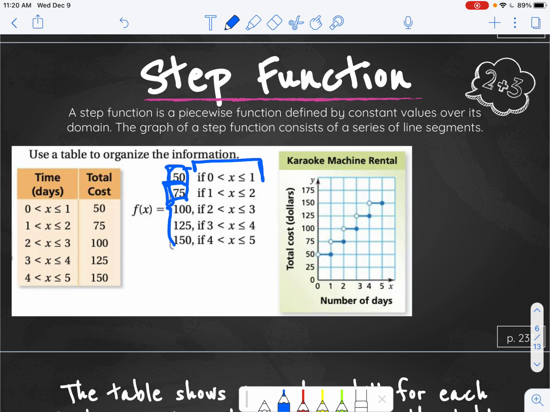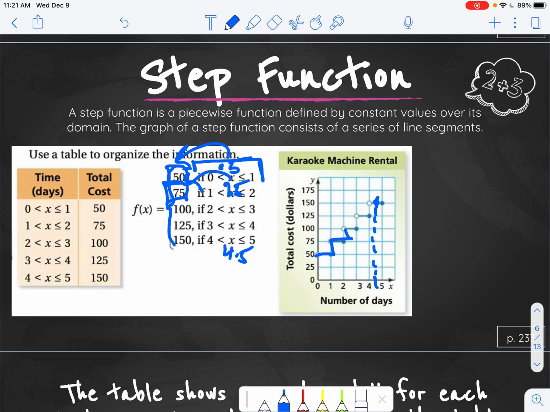And then we are given a range where even from 0 to 1, so even if we have 0.5, then the value that we would look for is still 50. Even if we had 1.5, the result would be 75. And you can see that even if, let's see right here, we had 4.5, well, 4.5 would be here. Where does that go on our graph? Right here in the middle.